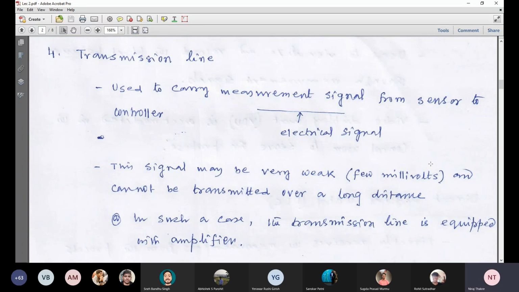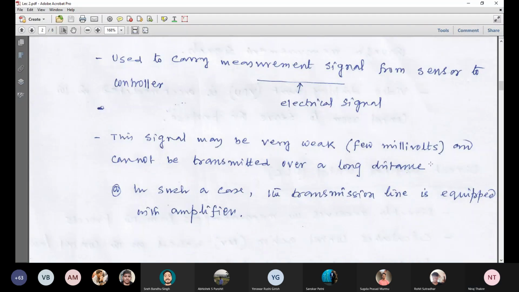In such a case, the transmission line is equipped with amplifiers.